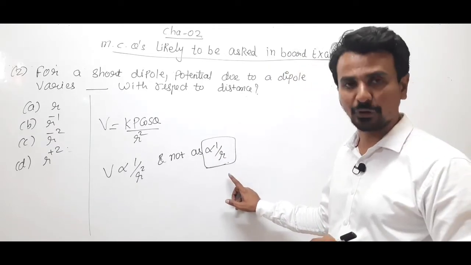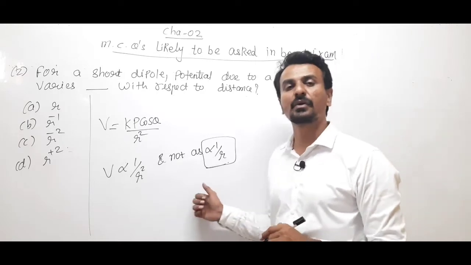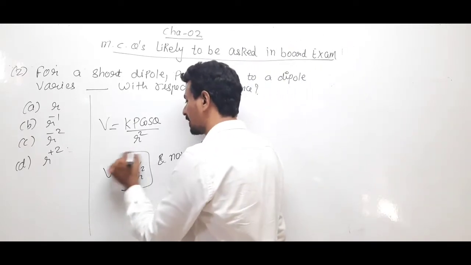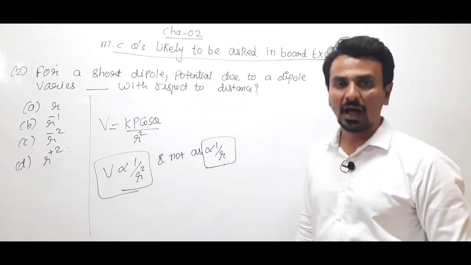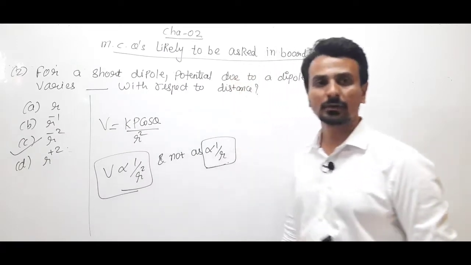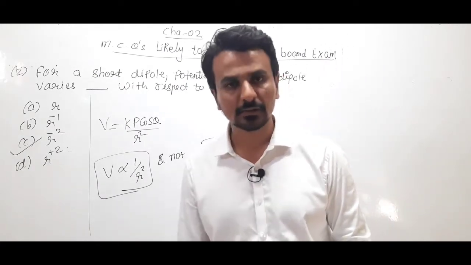Make it very clear, for a point charge potential is inversely proportional to r, but for a dipole potential is inversely proportional to r square. So this is your answer. Got it? Clear? The next one.